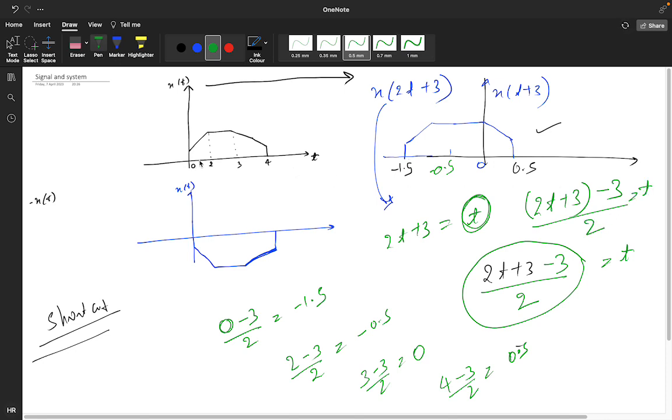So apply that operation to each and every point. 0 gives minus 1.5, 2 gives minus 0.5, 3 gives 0, and 4 gives 0.5. So your signal gets changed directly. Understood? Yes, sir.